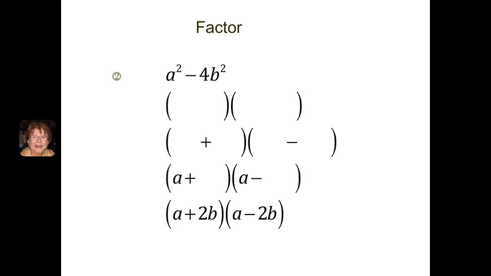Then find the square root of the second term. Now here, be careful. You've got a numerical value and an algebraic expression. The square root of 4b squared is 2b, and 2b will be the second term in each factor. The factors of a squared minus 4b squared are a plus 2b times a minus 2b.